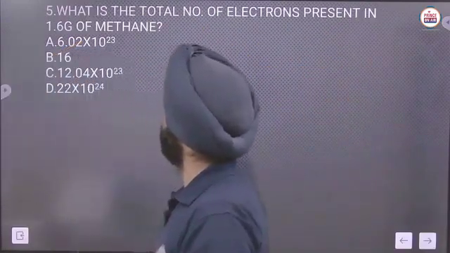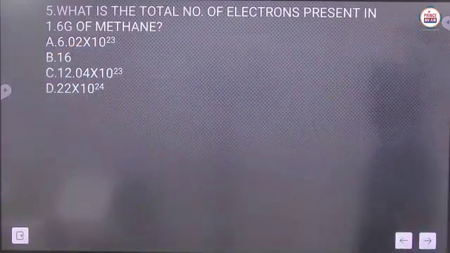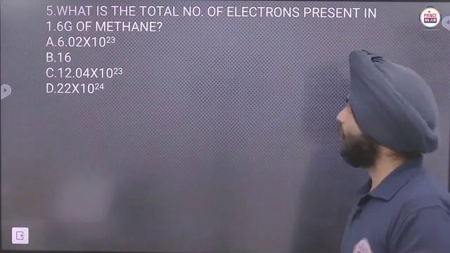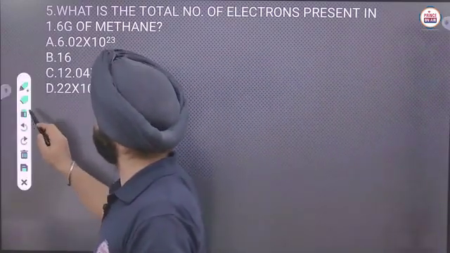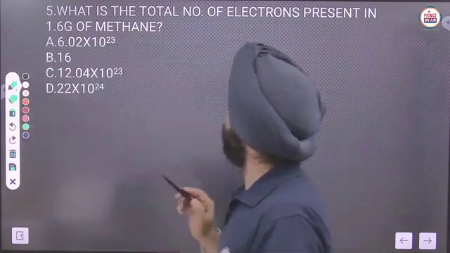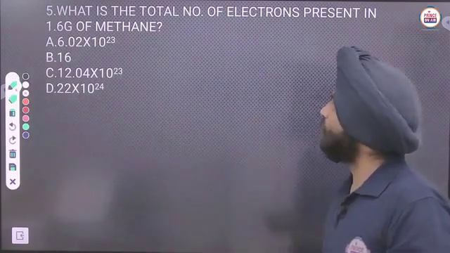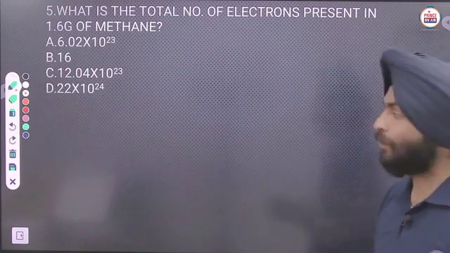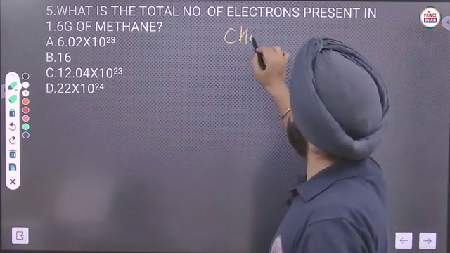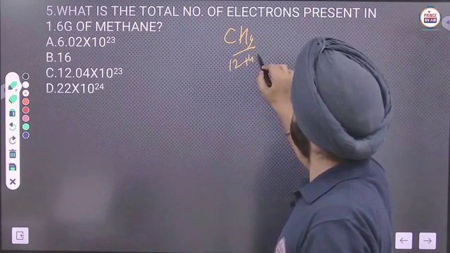Next, what is the total number of electrons present in 1.6 gram of methane? Do it fast, very well. It is a very interesting question. Firstly we have to calculate the number of molecules of methane. Methane is CH4, 12 plus 4, it will be 16.